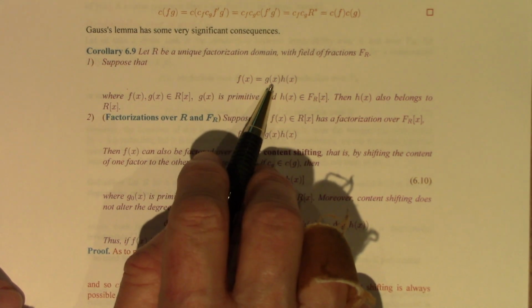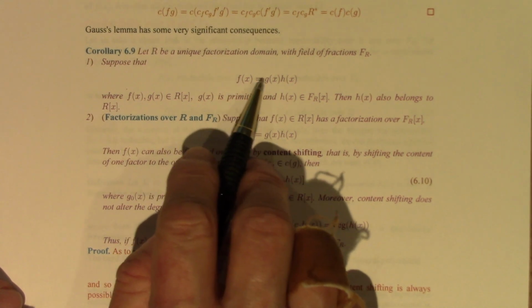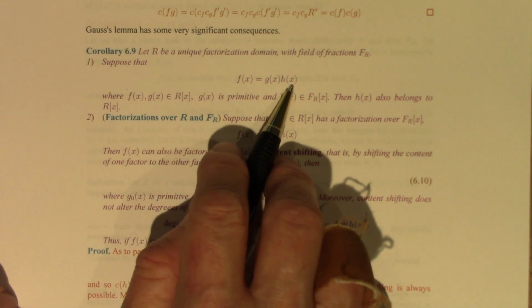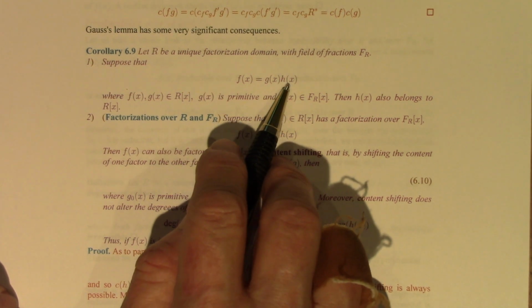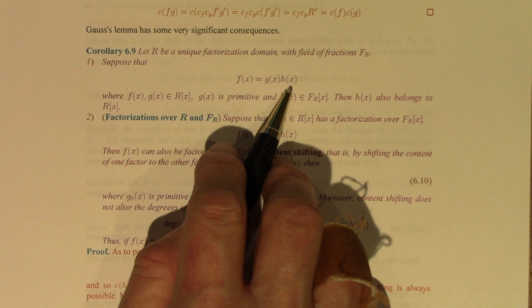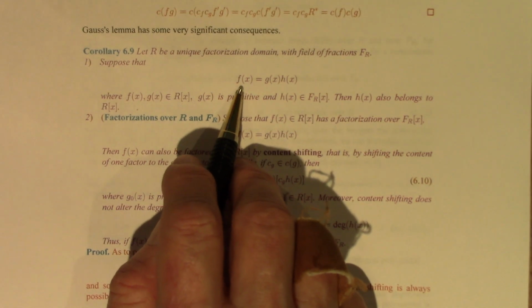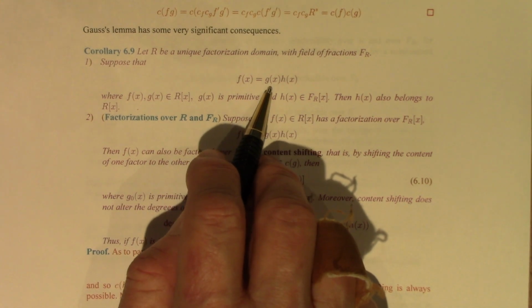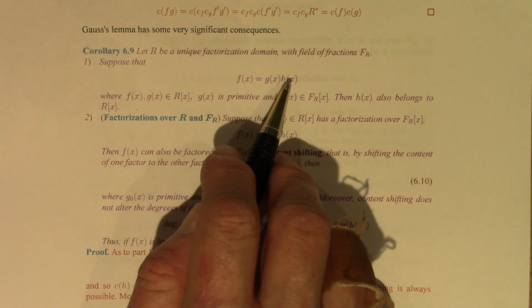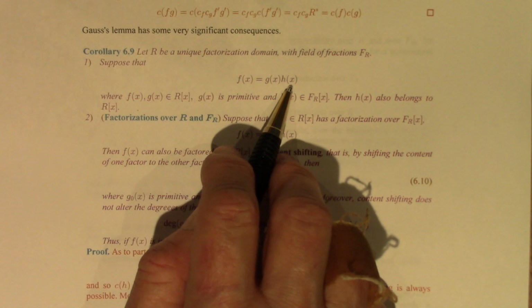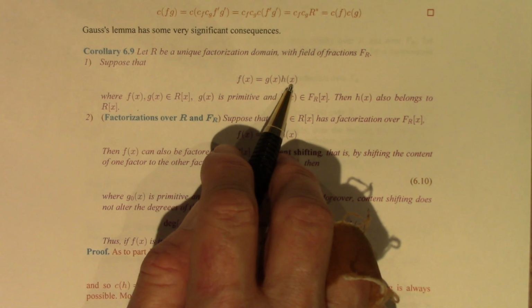Then, in fact, h has coefficients in R as well. So if you had an integer polynomial, and this was a primitive integer polynomial, and this was a rational polynomial, this would actually have to be an integer polynomial as well.